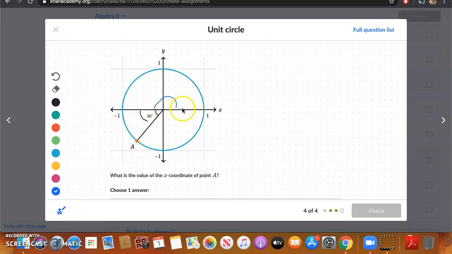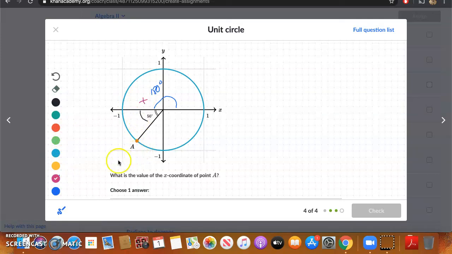That angle is 180 degrees, which we add to the 50 to get the total measure. So 180 plus 50.